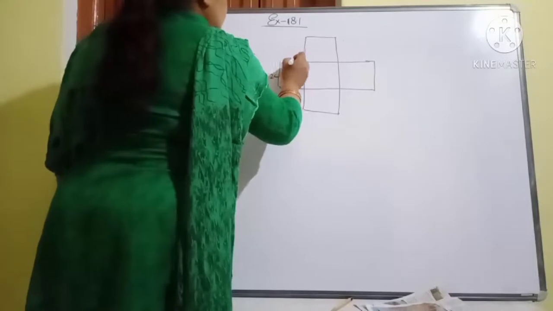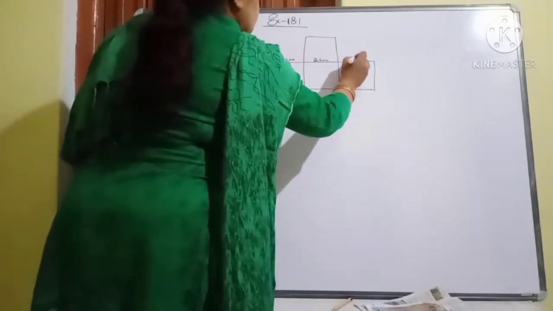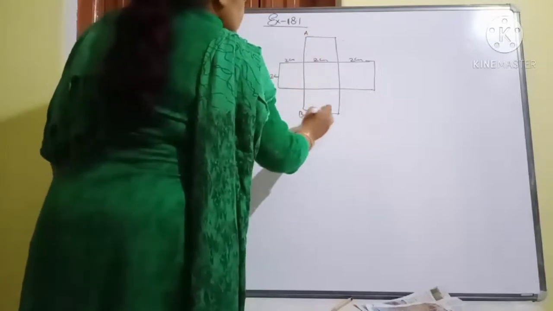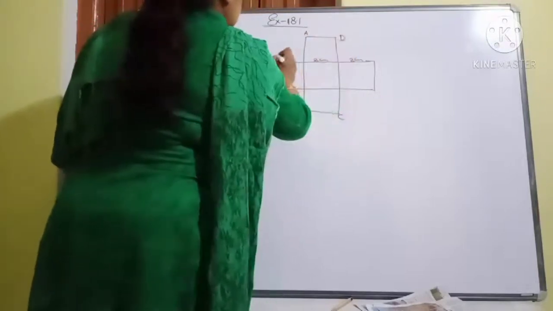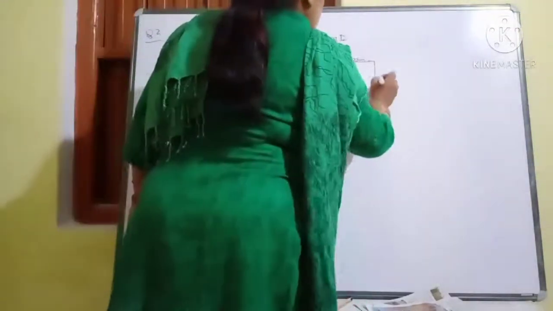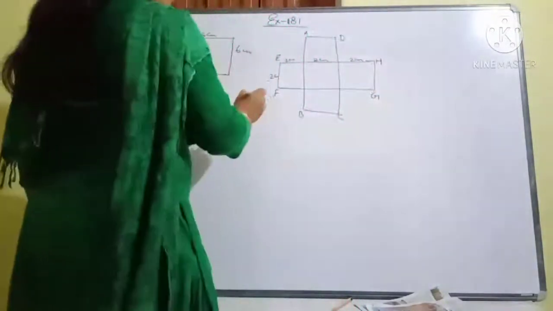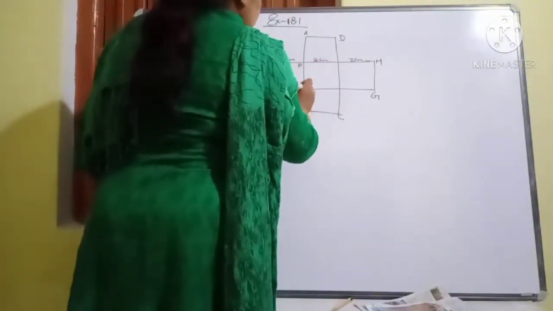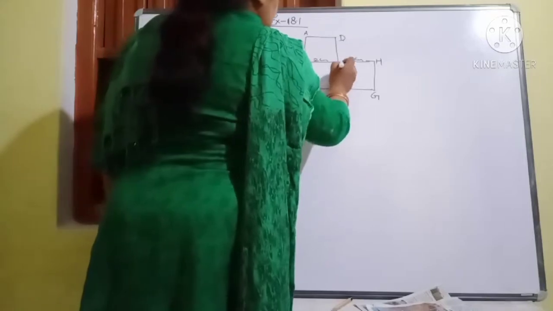Here also 2 centimeter, 2 centimeter, 2 centimeter. If I give it the names A, B, C, D, E, F, G and H, and suppose this square is forming P, Q, R and S.